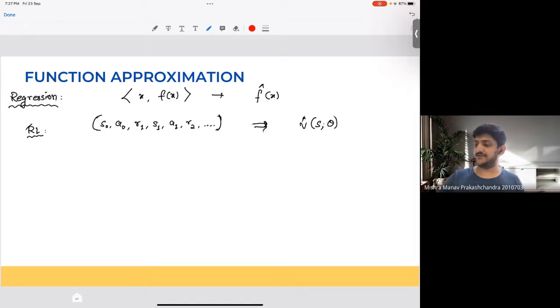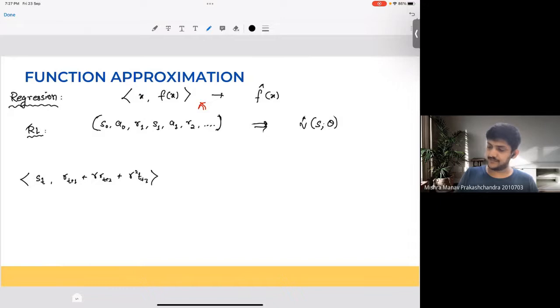So the way you do that is you have your state, and then you have your corresponding return, and so on, right?